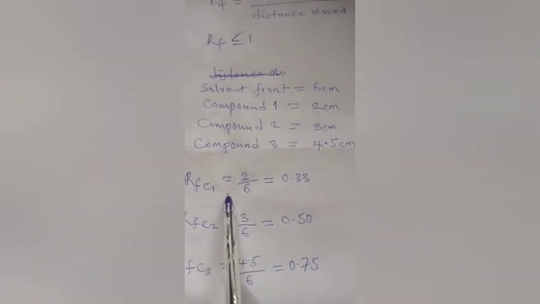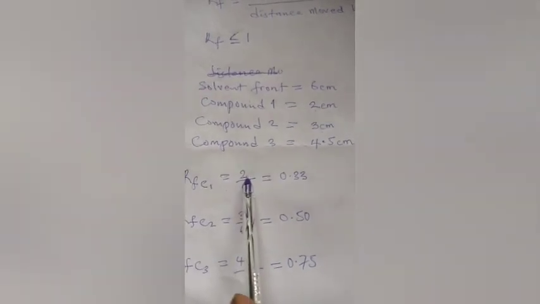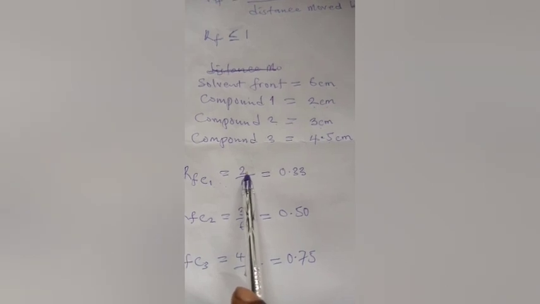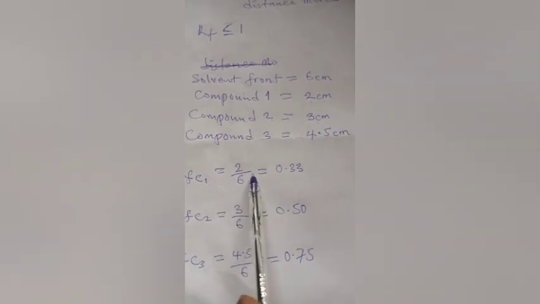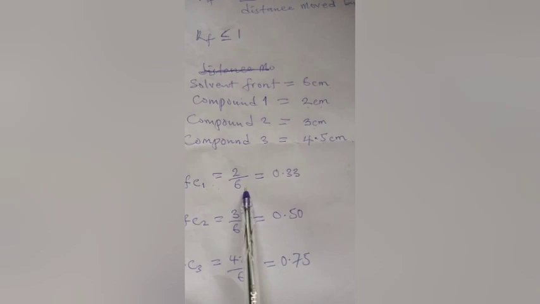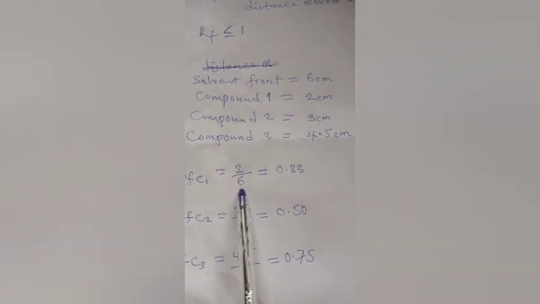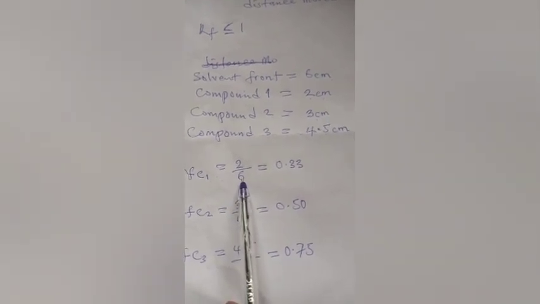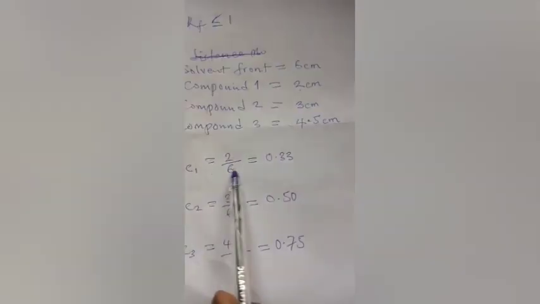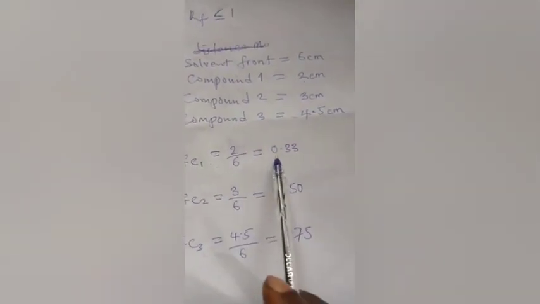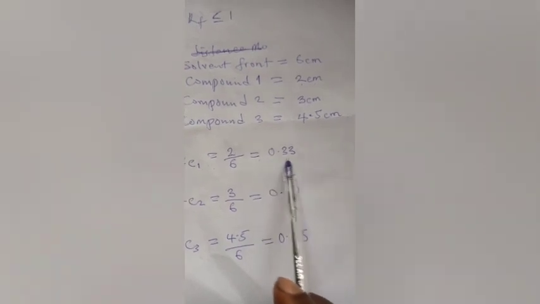Now, the RF value for compound 1 will be distance moved by compound 1 over distance moved by solvent, which is the solvent front, equals to 6 cm. When you use your calculator, you are going to get 0.33.